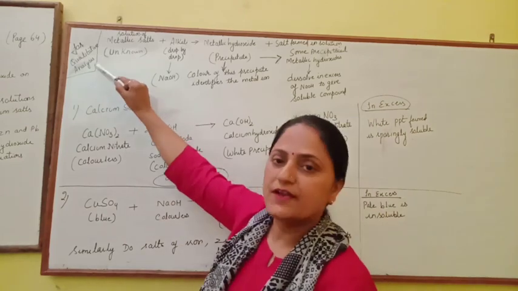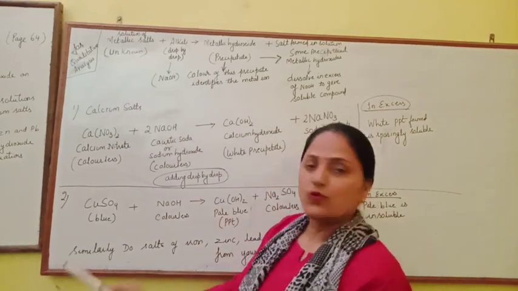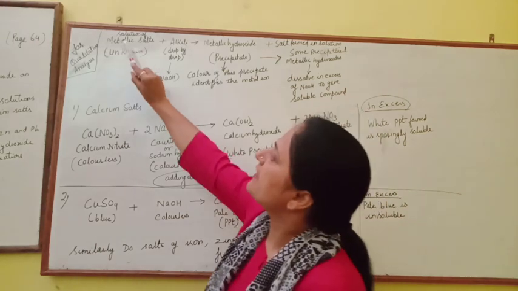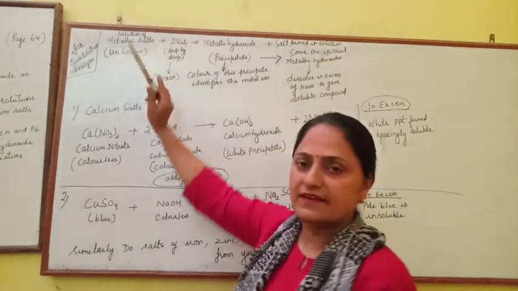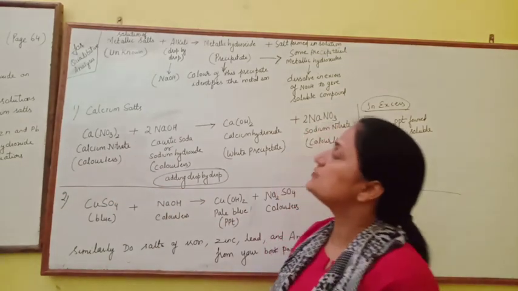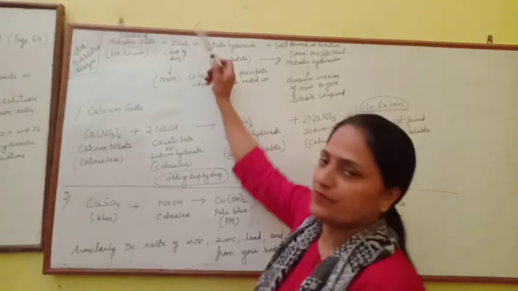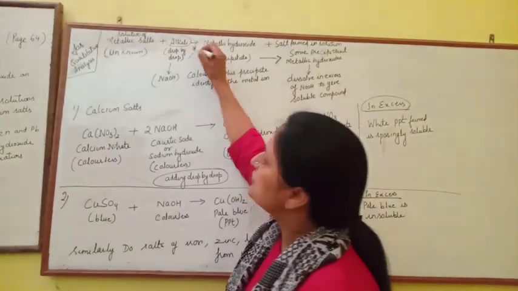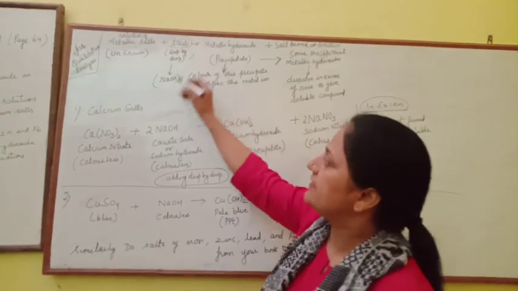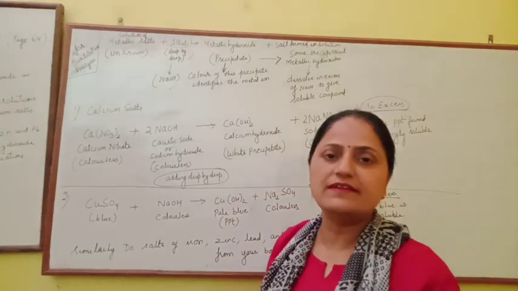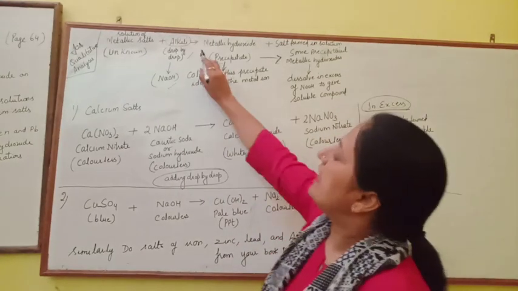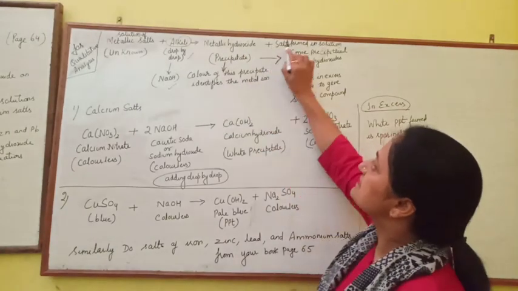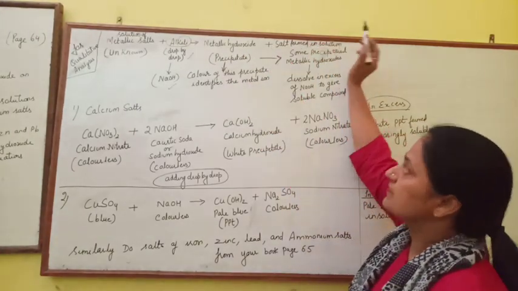Now for qualitative analysis. You know, qualitative analysis is for the unknown salt. So here we are taking a solution of an unknown metallic salt, and we will add alkali, first drop by drop. Here we will take the alkali sodium hydroxide, that is NaOH. The product formed will be metallic hydroxide plus a salt solution.